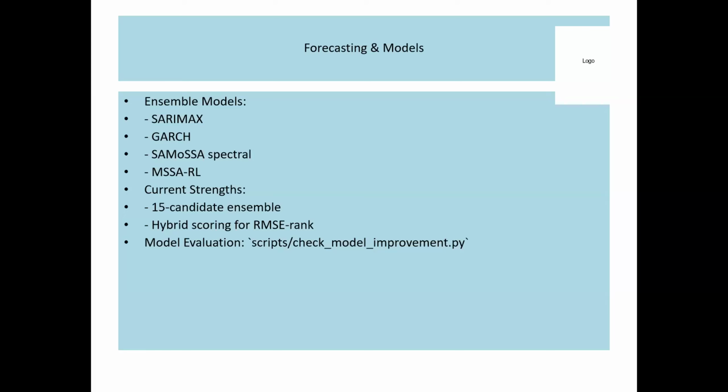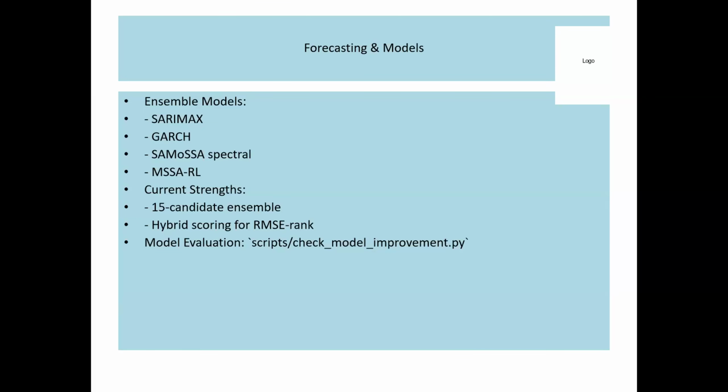Looking at the forecasting aspects, I'm using time series forecasting models. I talked about the seasonal autoregressive integrated moving average exogenous model. If you are within time series, you know this. Also the GARCH for volatility, and the singular spectrum analysis model.